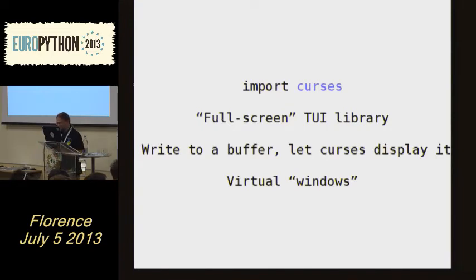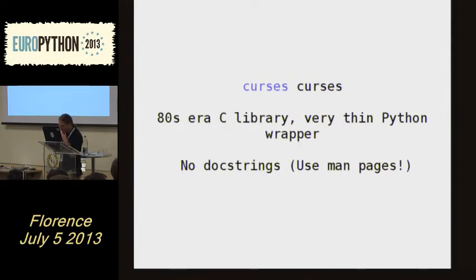There are different implementations of curses, and yeah, curses, the name stands for what you'll do when you try to use it, pretty much. Yeah, it's a very old C library. There are various implementations, so you can never be sure which one you're using.